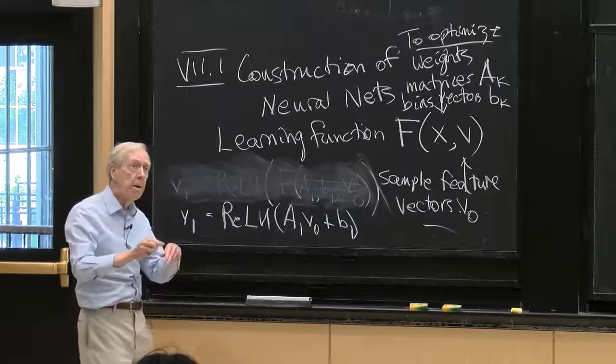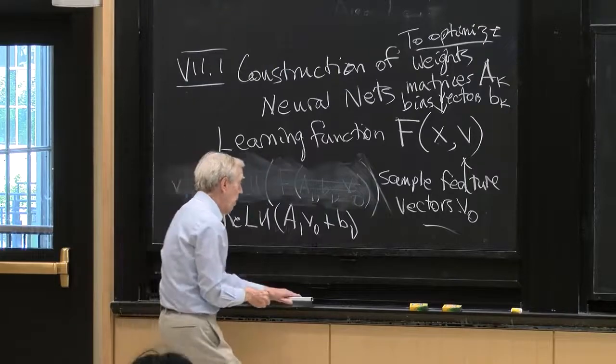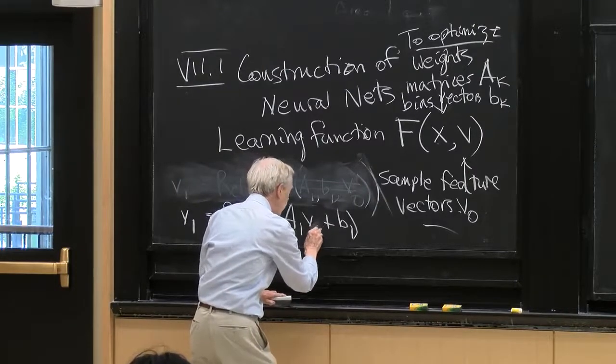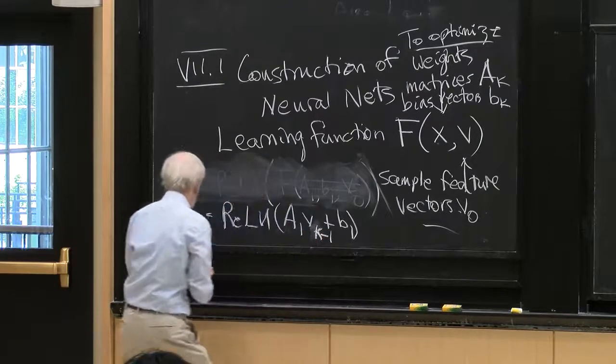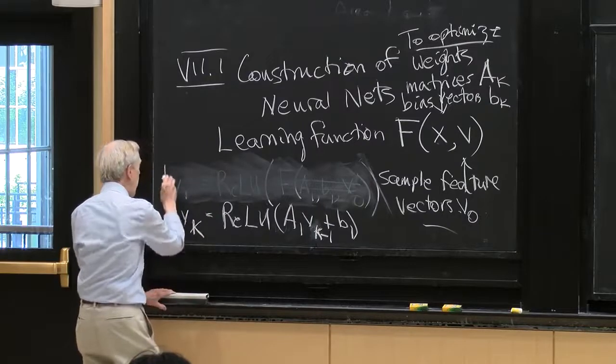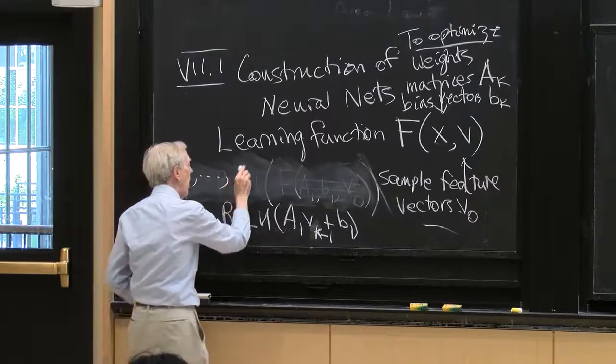And then the next level inputs V1, so I'll just call this V_(k-1), and I'll call this one V_k. So k equal to 1 up to however many layers you have, L layers.